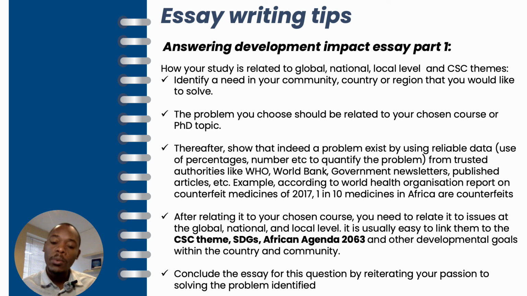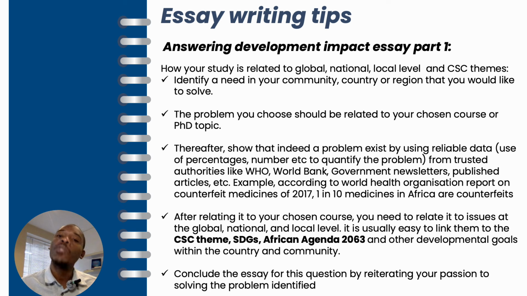And then you conclude that essay by relating it with your passion on how you think you are going to be able to solve that identified problem. So this is how you'll be able to clearly write this part of the essay.